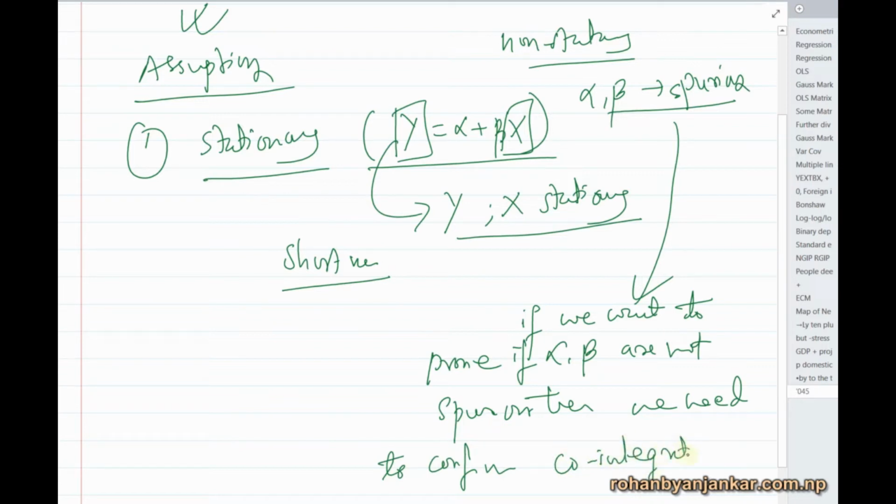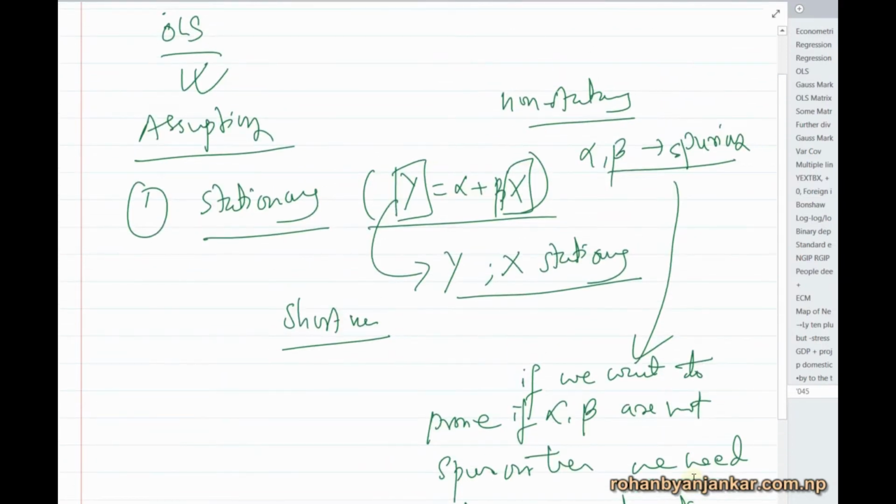This is a bit higher level analysis in time series. This means that if you can prove that y and x are co-integrated variables, then alpha and beta will be consistent or super consistent even if y and x are non-stationary. But if you cannot prove that they are co-integrated, then the result of alpha and beta that we have derived from OLS will be spurious.